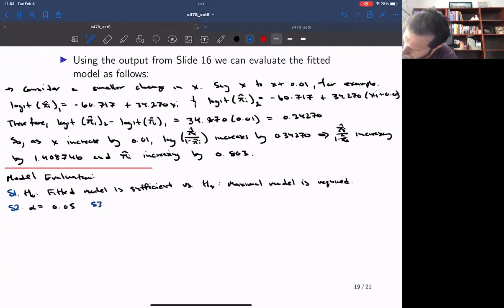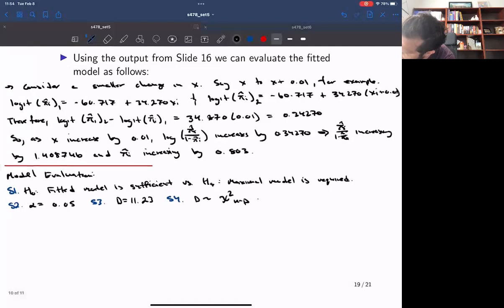All right, on step 3, we have D equals 11.23. Right. Okay, so I'll just give you a couple of values based off of this. First off, D is distributed chi-square n minus p.